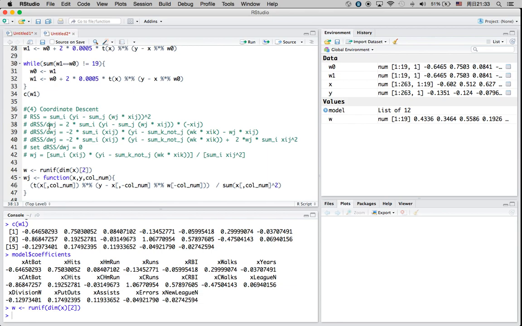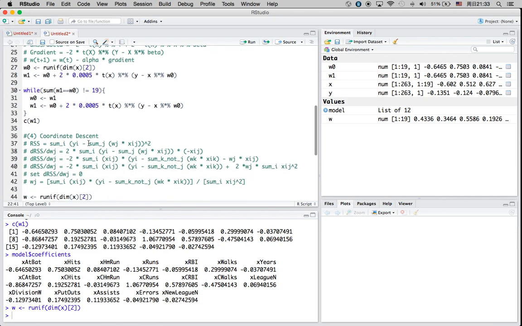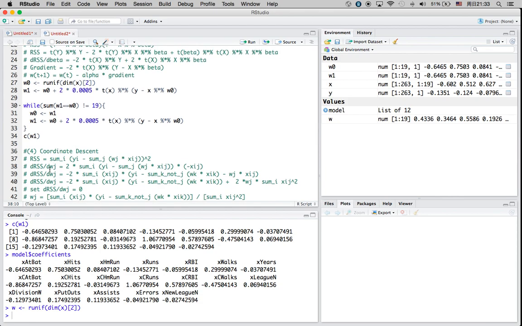Here I'm not using beta, since I'm going to do the element-wise calculation instead of the matrix calculation. So here I'm just going to use w_j, which means the jth coefficient in my w vector or beta vector.